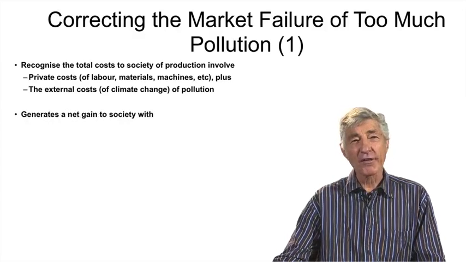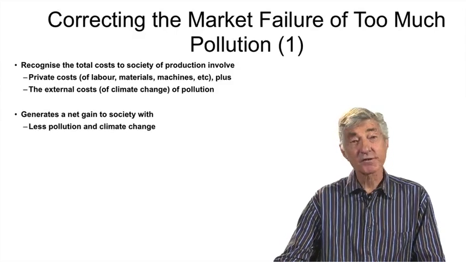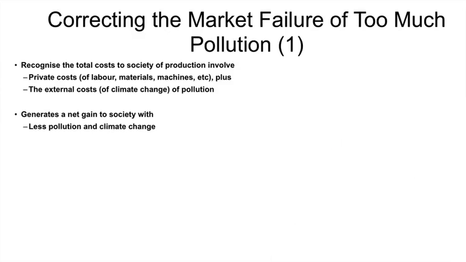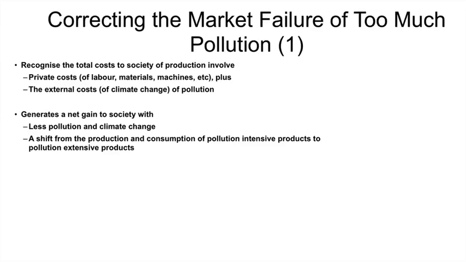And we'll argue that that will generate a net benefit for society. We'll choose less polluting products and production methods. That'll mean less climate change. So we shift from production and consumption of pollution-intensive to pollution-extensive products. So that is, we might do a bit more walking and bicycling and less car driving.